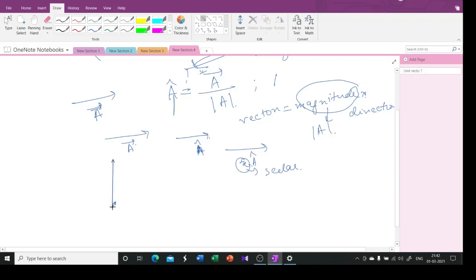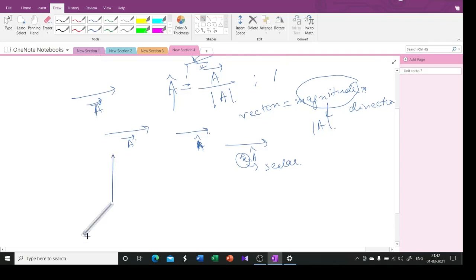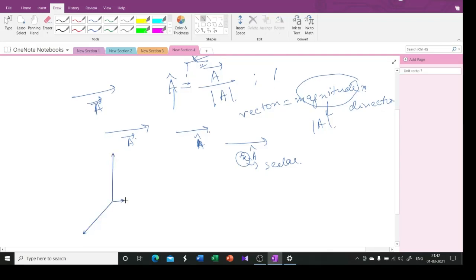So for that purpose, we form a Cartesian system. Let this be the x-axis, this be the y-axis, and this be the z-axis.